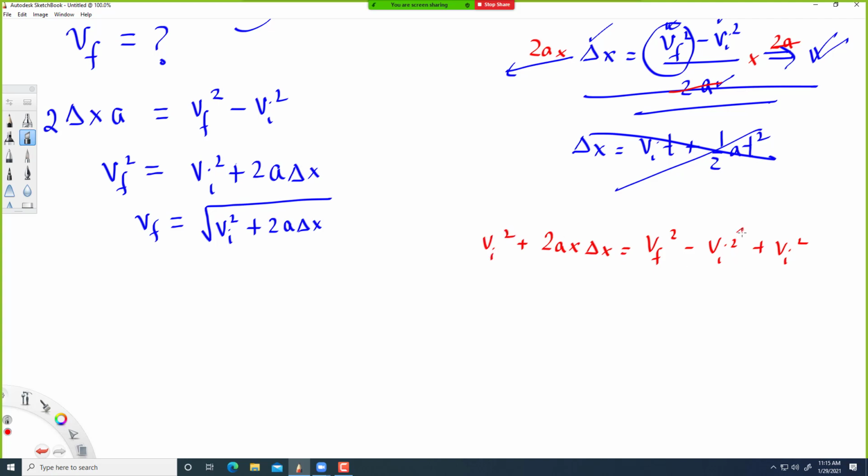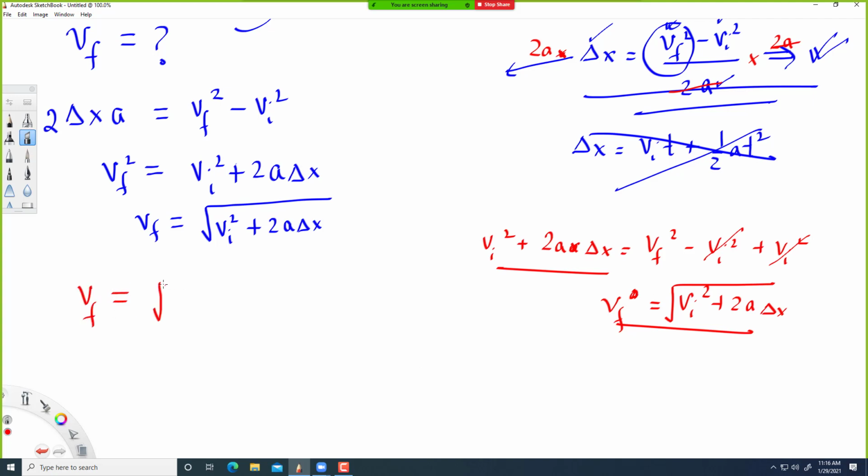Then VF squared is equal to VI squared plus 2A times delta X. That's what I got. And then in order to get VF, you need to remove this square, so you use the square root here.